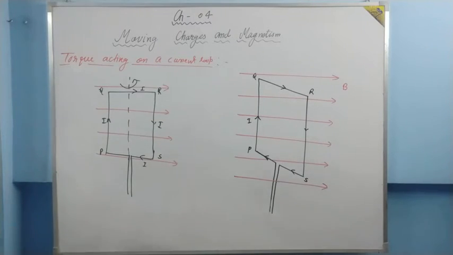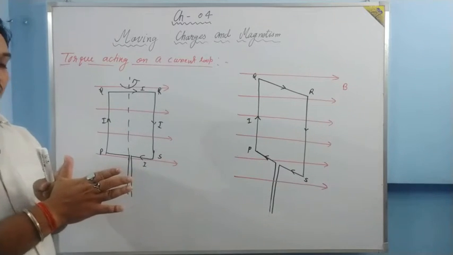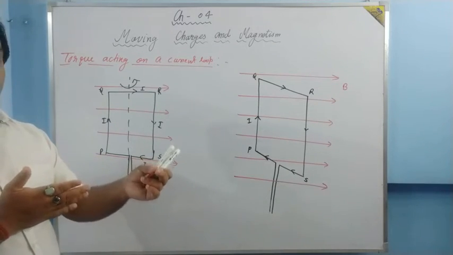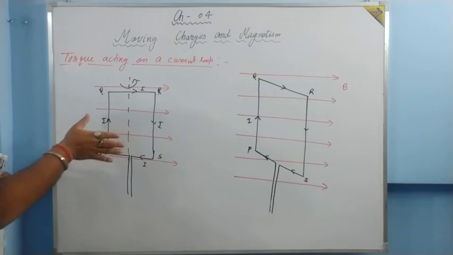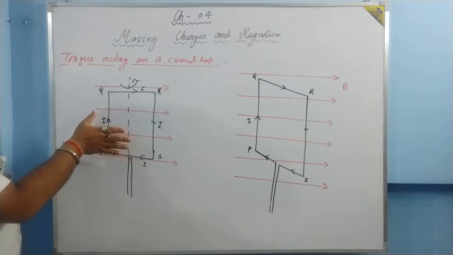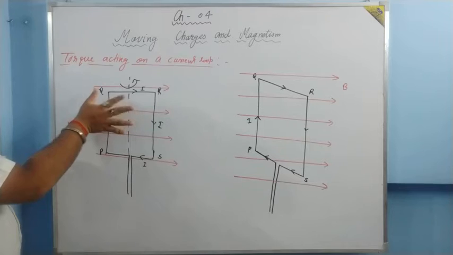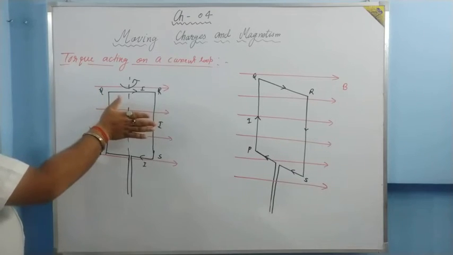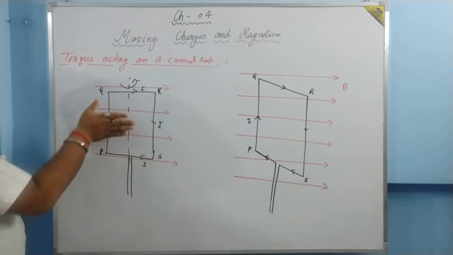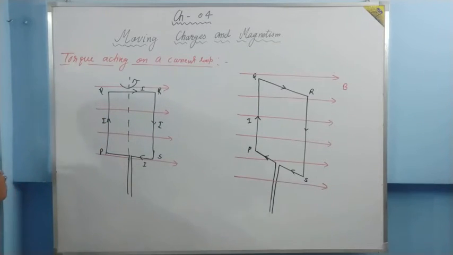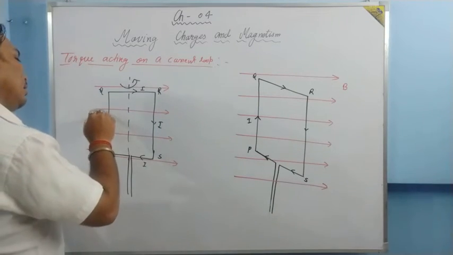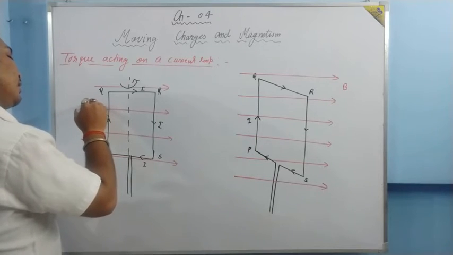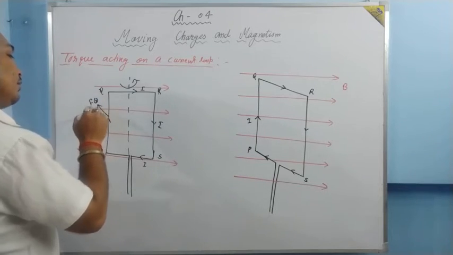But what is the direction of that force? For the direction I have told you the rule: thumb in the direction of current, all the fingers in the direction of magnetic field, and the palm faces the direction of force. Here the palm faces inward, so the force will be inward.